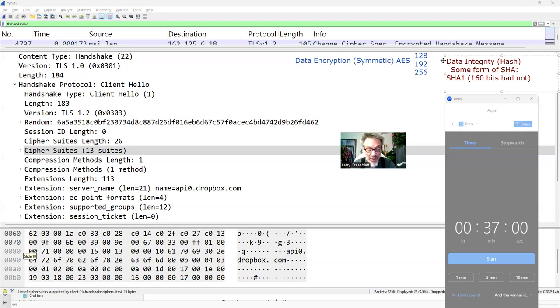It should more likely be SHA-2, which comes in 224, which I never saw supported, 256, 384, and 512.